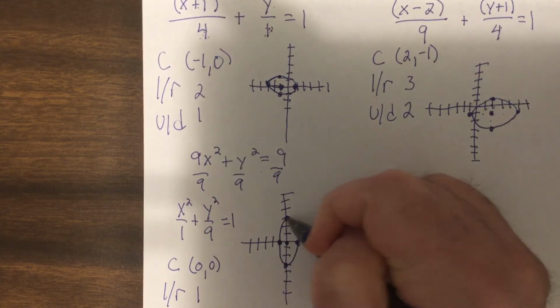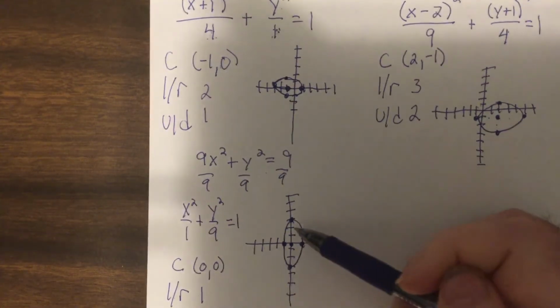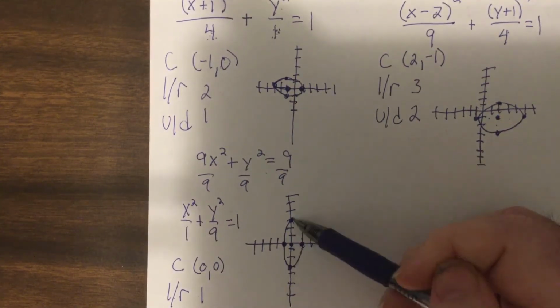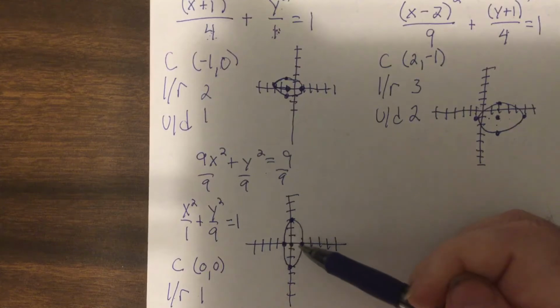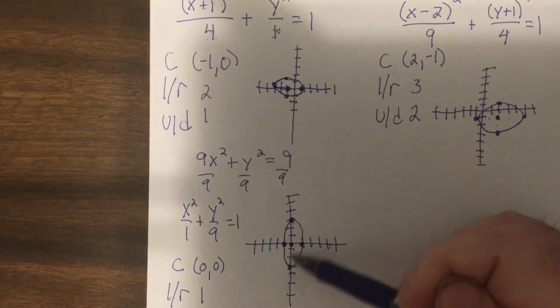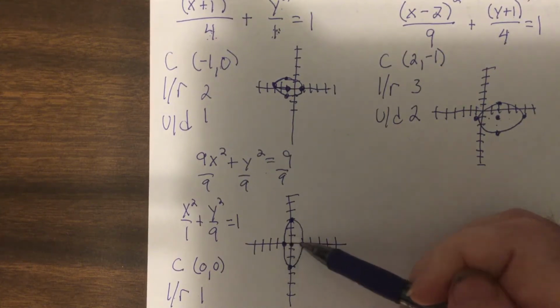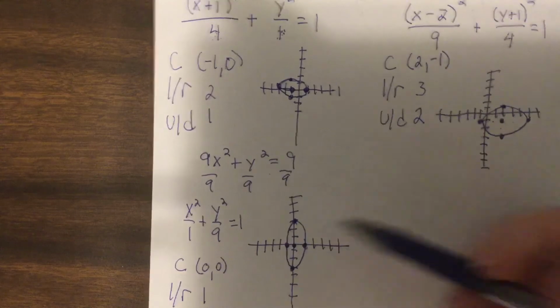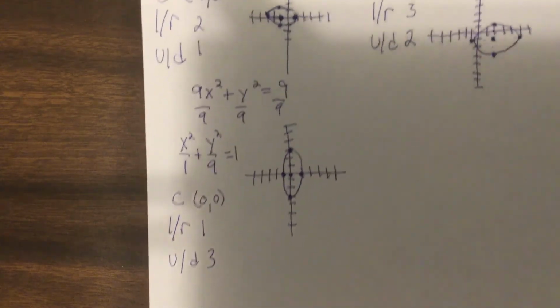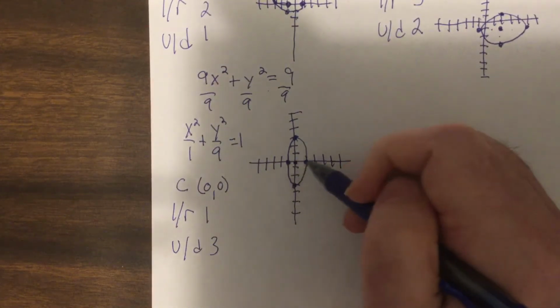Now, there's some words you might see in the future. The segment that connects the two longest endpoints is called the major axis. So in this case, the up-down would be the major axis. And then the smallest distance between the endpoints is the minor axis. So this would be the minor.